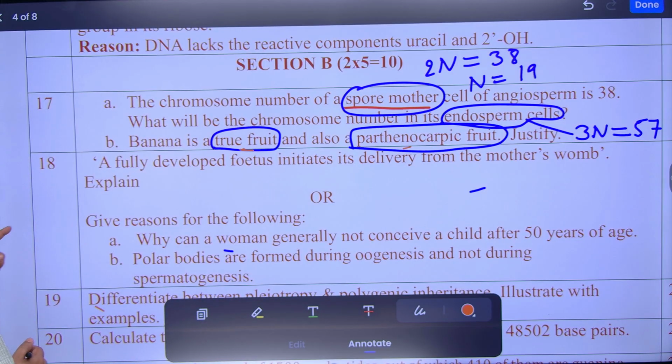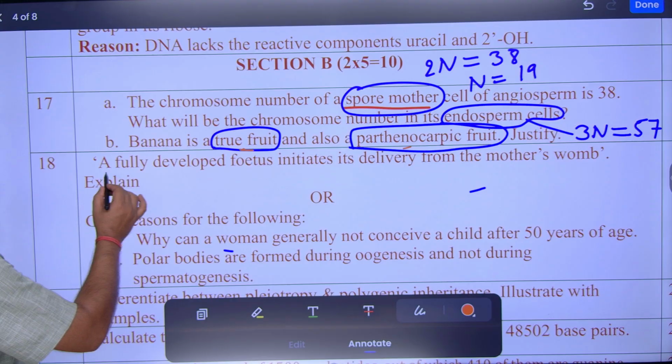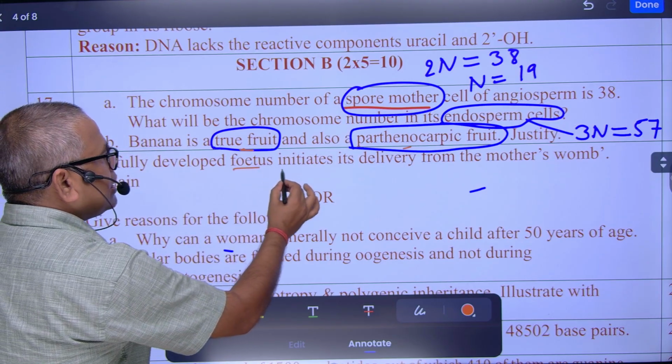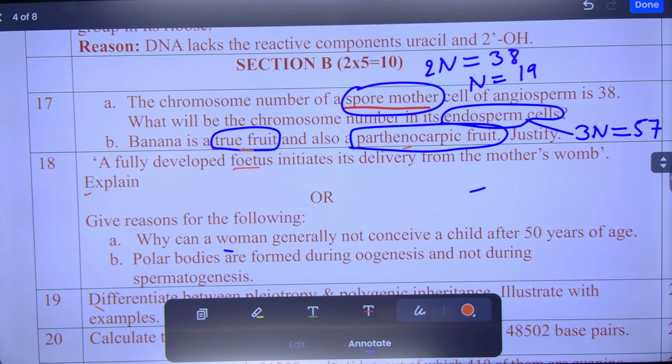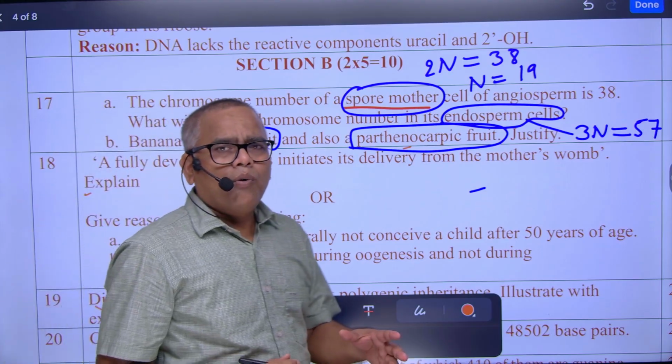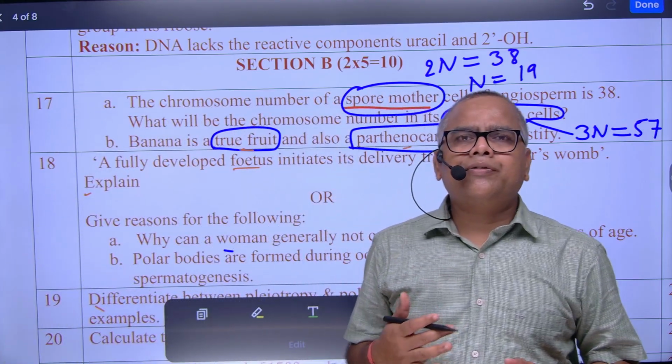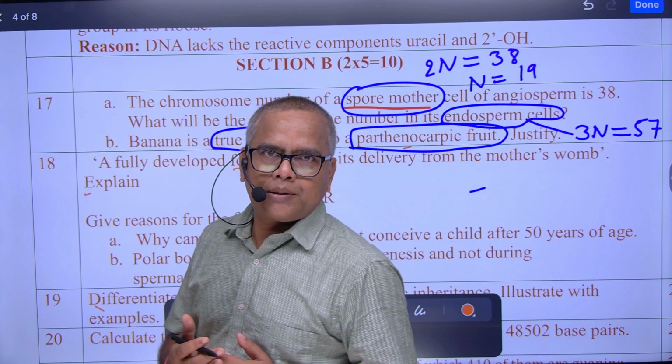Now we come to question number 18. A fully developed fetus initiates its delivery from the mother's womb. Explain. We have studied the fetal ejection reflex.